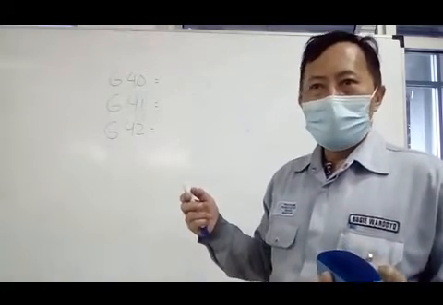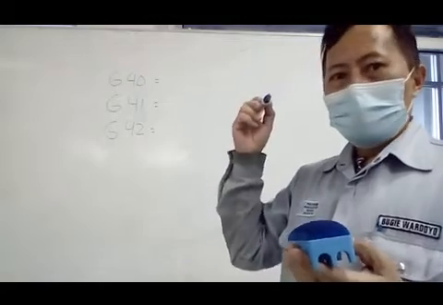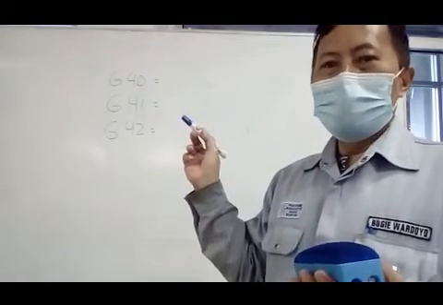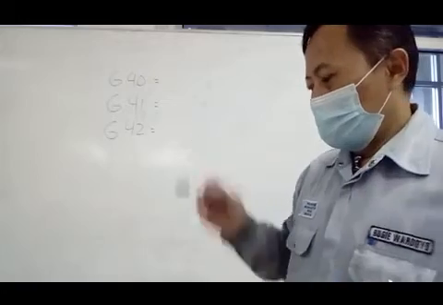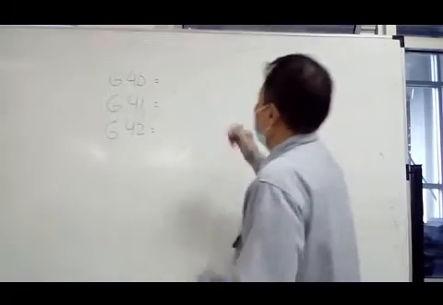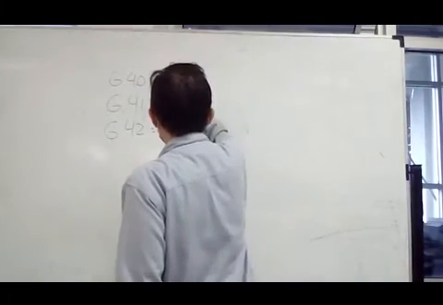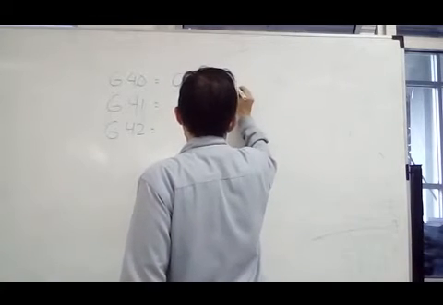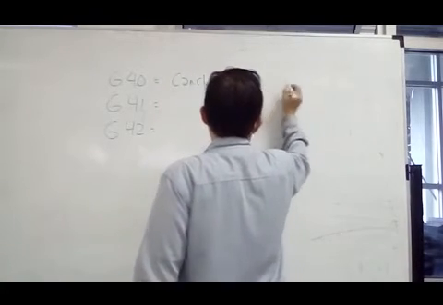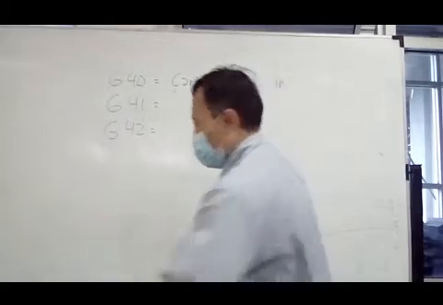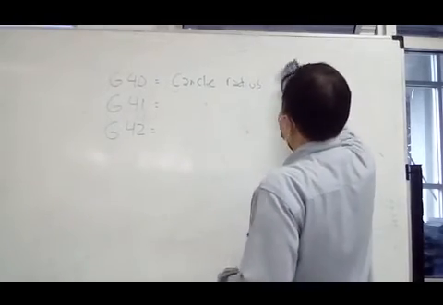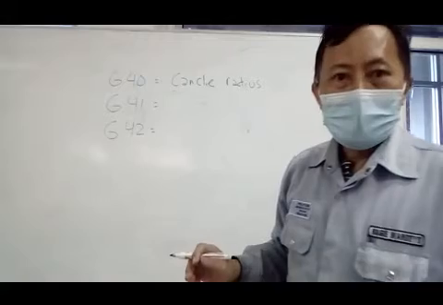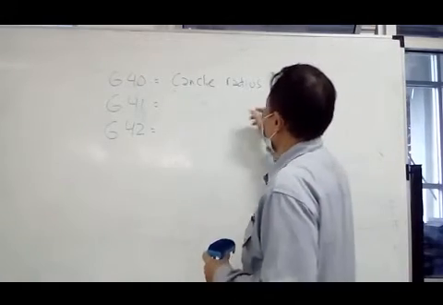So if you want to machine the workpiece using this G code, yeah? So this is cancel radius interpolation. Cancel radius interpolation.